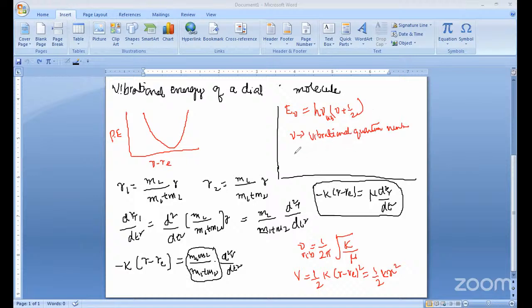It can take integral values, like v = 0, 1, 2, 3 and so on.